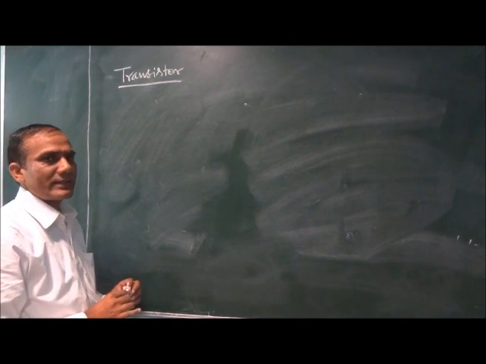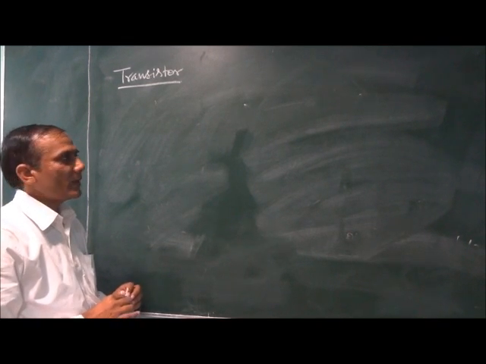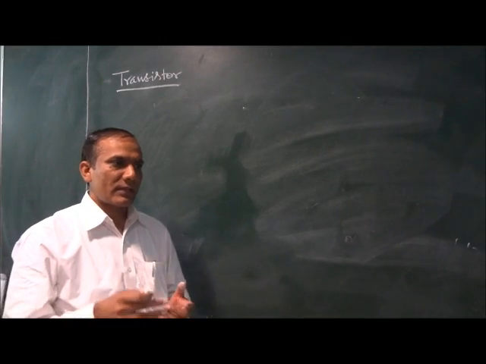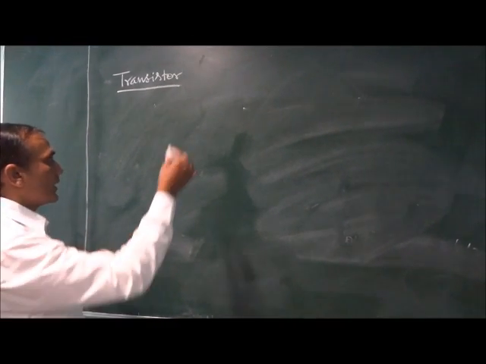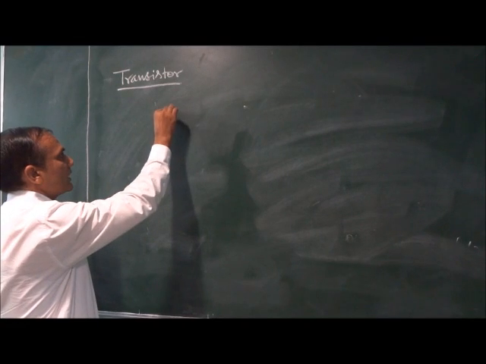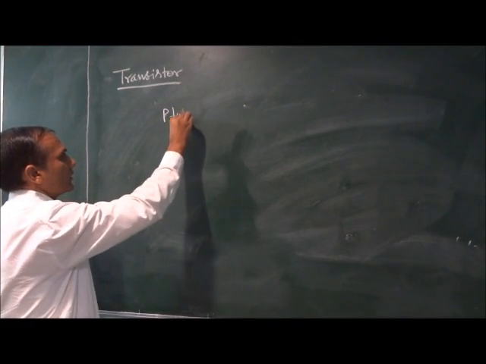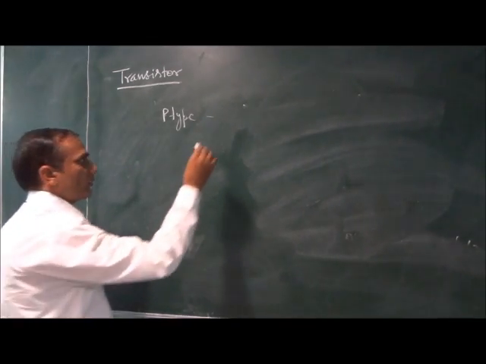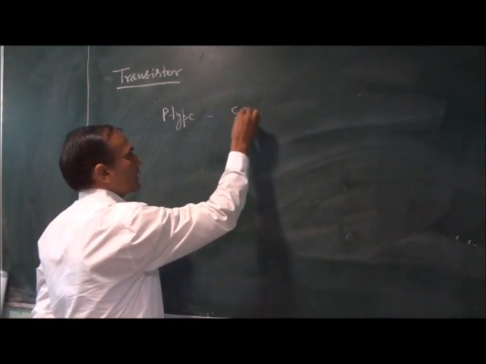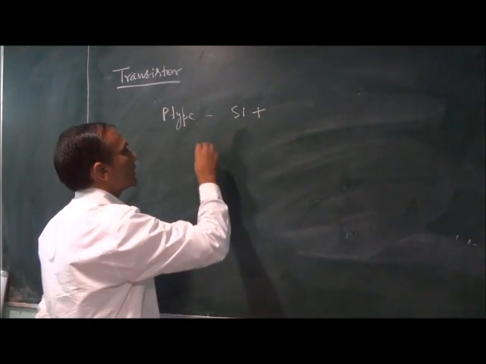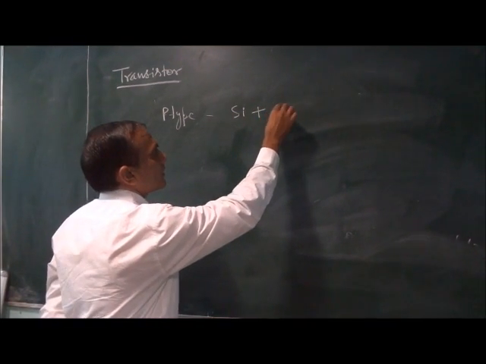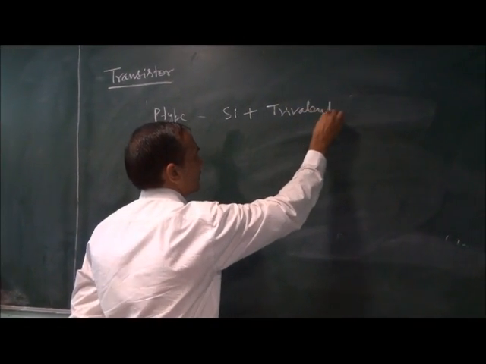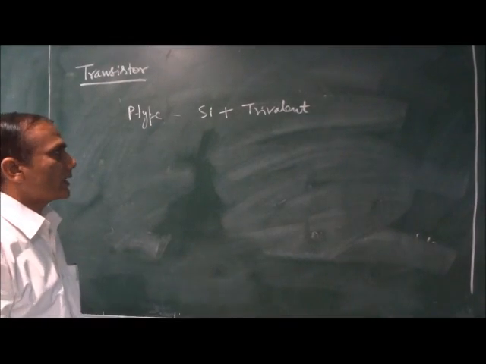Now transistor is your semiconductor device. So semiconductor, first we have to design a semiconductor material. Semiconductor materials means first we are going for the P-type of material, and P-type of material is formed when you are doping the silicon with some trivalent type of material.